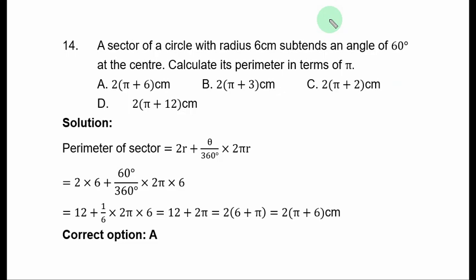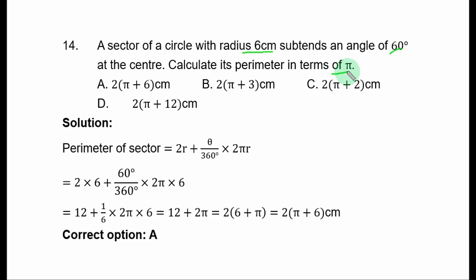Question 14. A sector of a circle with radius 6 cm subtends an angle of 60 degrees at the center. Calculate its perimeter in terms of pi. That is, pi should be included in your final answer.